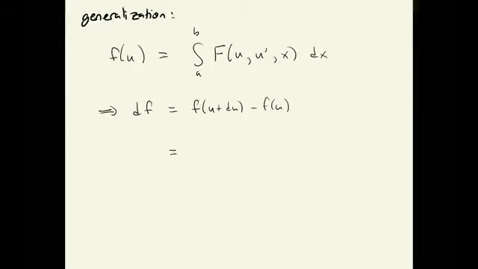So now what are we going to have? There is going to be a term that looks like partial F partial u, times du. This is an ordinary 1801 partial derivative. I'm assuming u is a number. I guess it could be a vector or something like that, but let's just keep it simple.